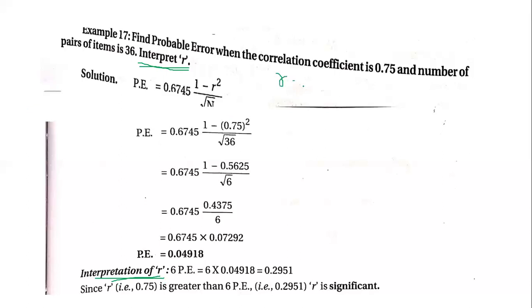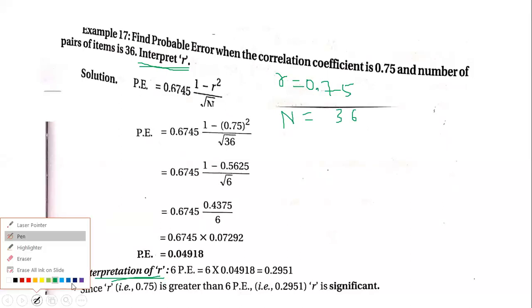First, the correlation coefficient, that is nothing but R, is equal to 0.75. Next, the number of pairs of items, which is n, is equal to 36. So we have got both the R value as well as the n value. Now let's put that into the probable error formula.